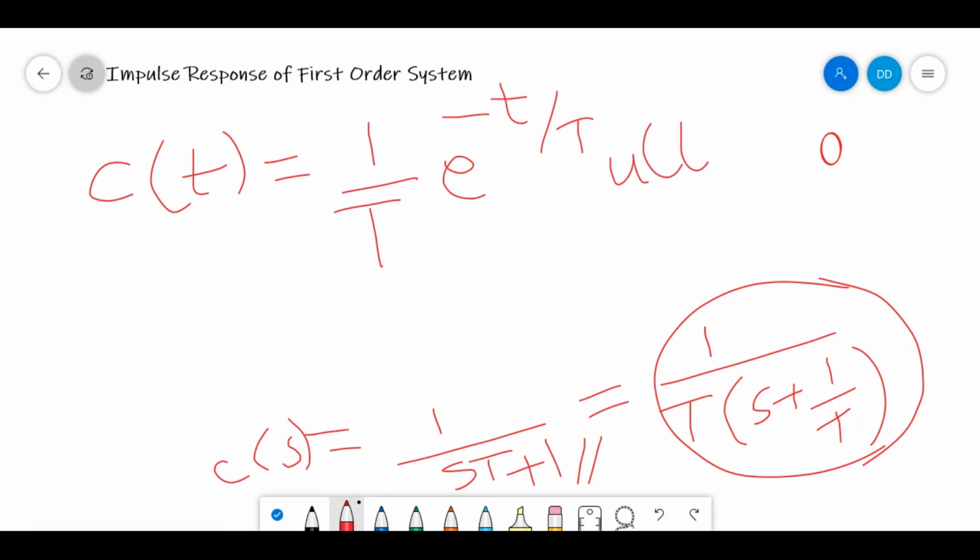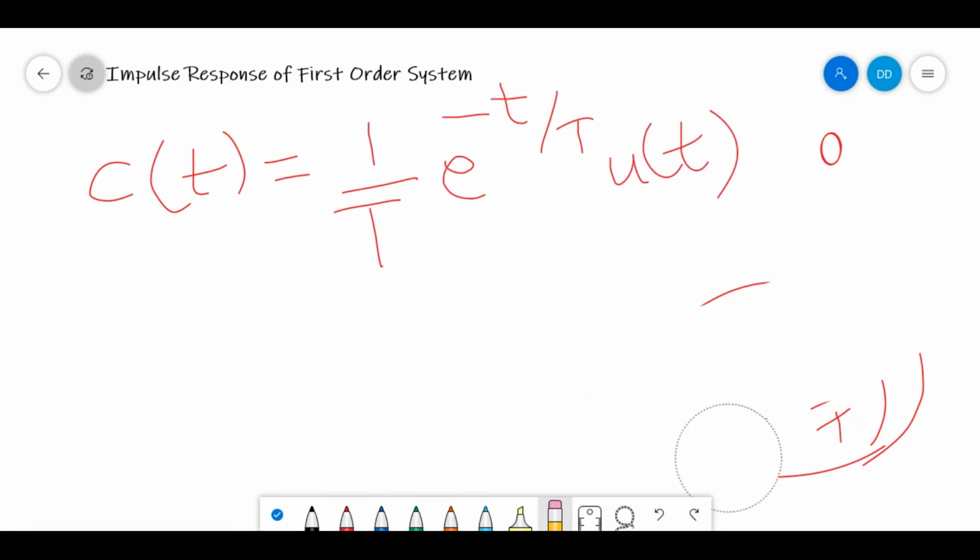So this is our impulse response having magnitude equal to 1.